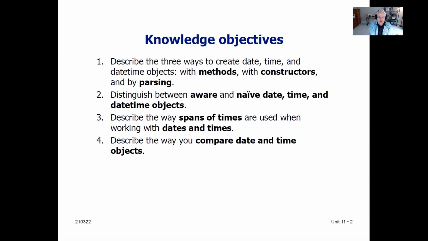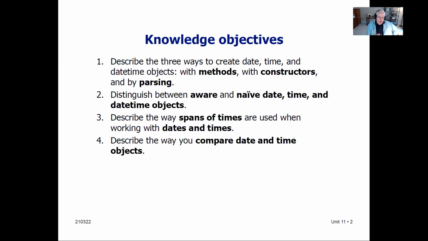Now, most of the time, we're going to use naive objects because we don't know exactly where our programs are going to be executed and run. So it's much more logical and also easier on us to just let the operating system handle the time zone. But that is the difference between a naive object and an aware object.